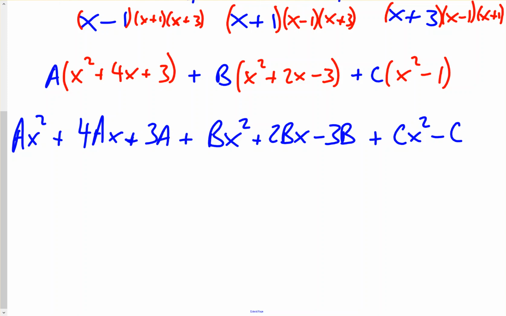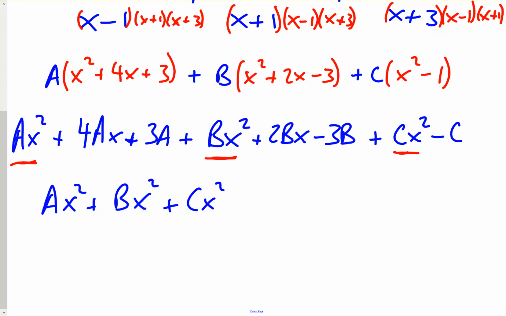So, let's take a look at all the terms that have the x squared on it. All the terms that have x squared on them would be, we have that, and we have that. So we have ax squared plus bx squared plus cx squared.